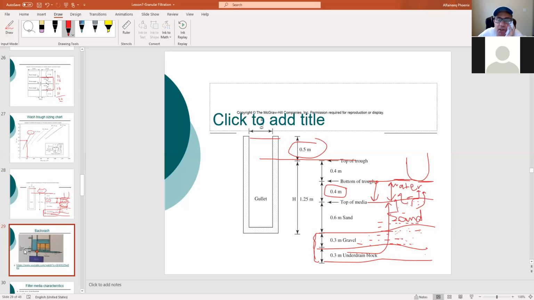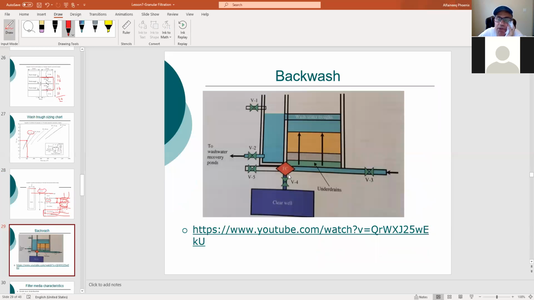Okay, the backwash is very simple. Here it is: just close all filters and open the flow from beneath, and allow it to push up, or expand, the sand filter so the voids between the grains become larger.